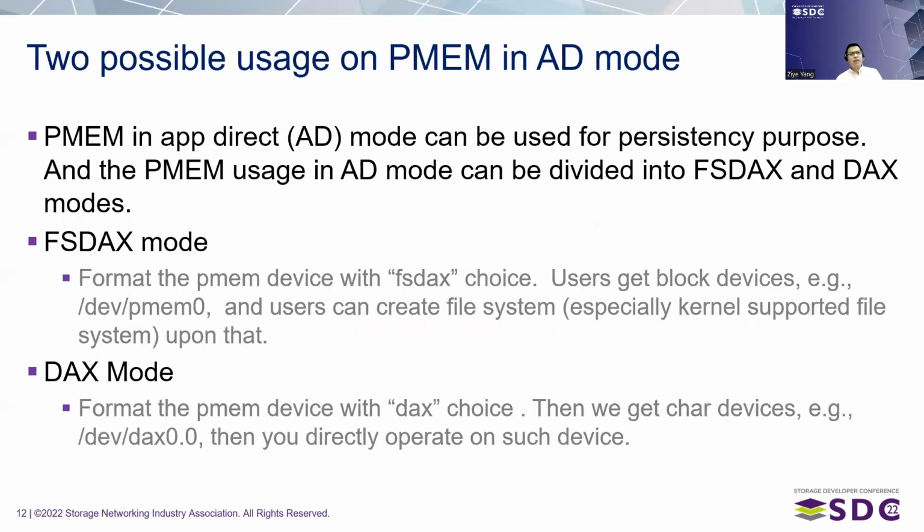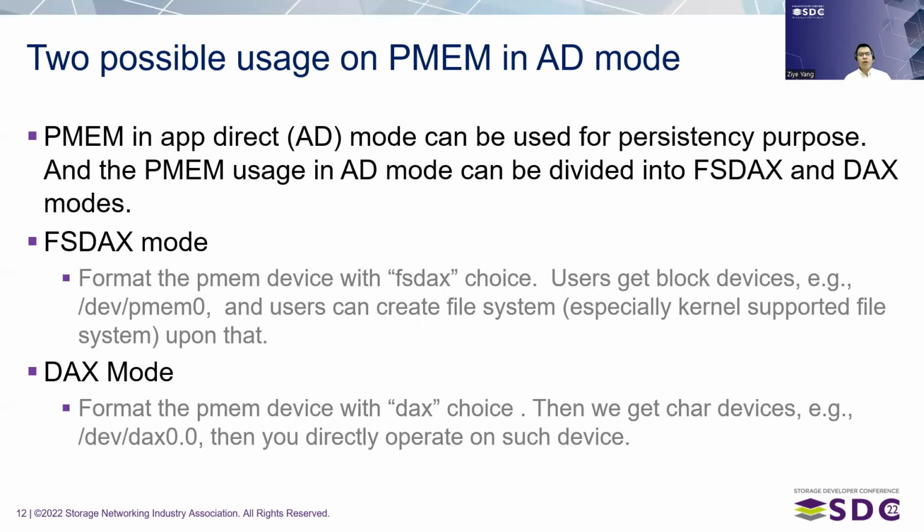We also know that if persistent memory is used in Ceph, the devices can be used in two modes. When the persistent memory is used in App Direct mode, it can be divided into two usage cases.